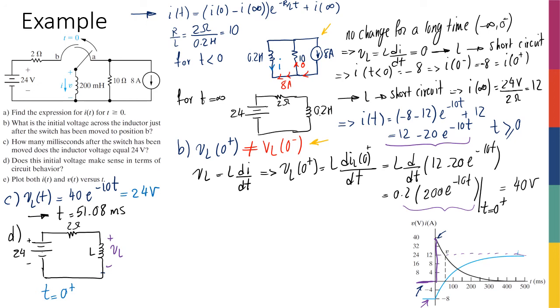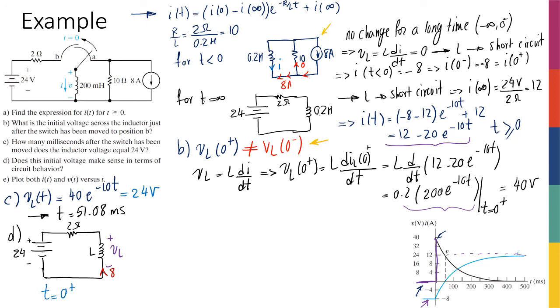So I have an 8 amperes flowing from bottom to top of the inductor. So at that very moment, there's 8 amperes flowing through this circuit. This 8 amperes is going to flow through the resistor and the voltage source as well.